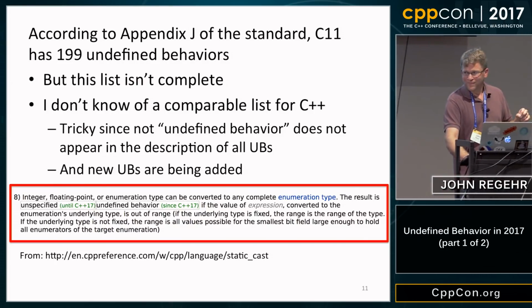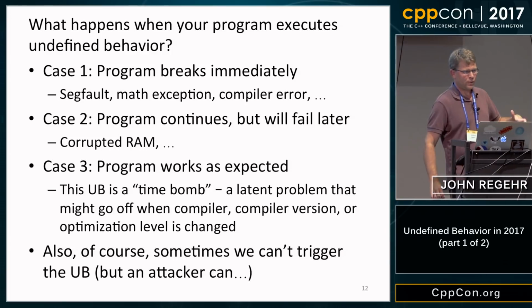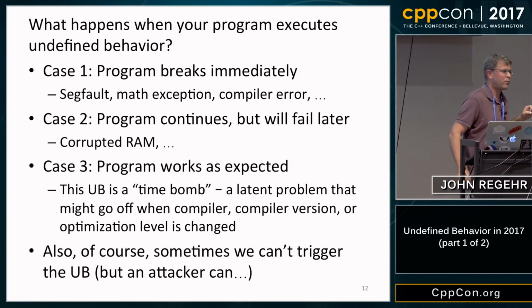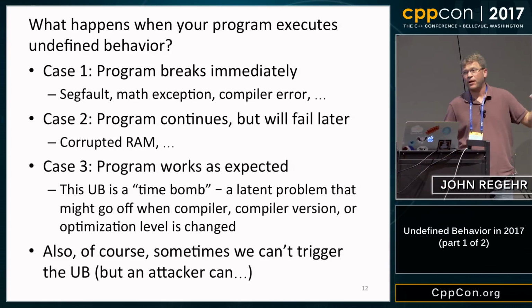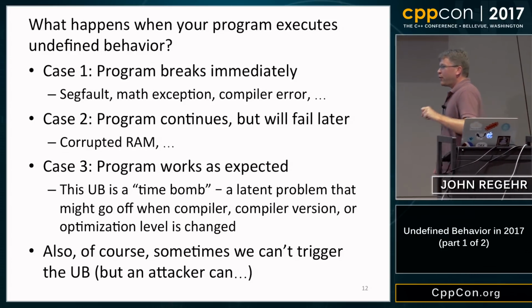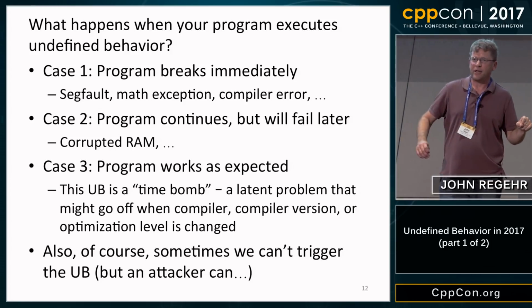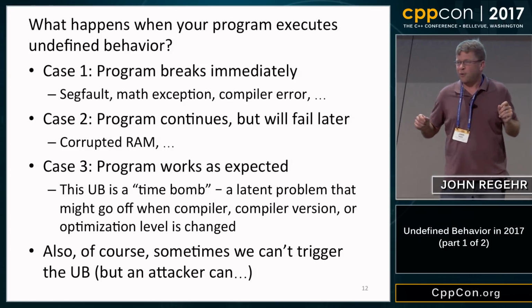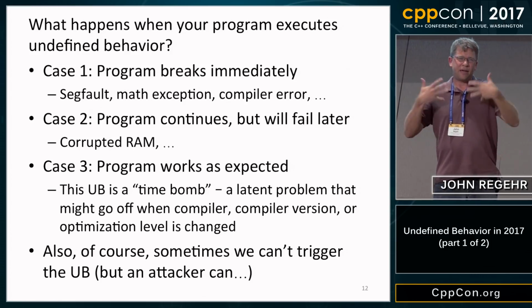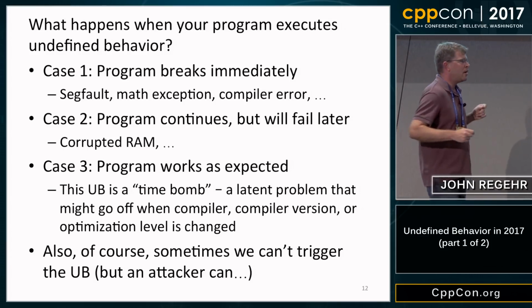So let's look at what happens. What are the things that happen when your program executes undefined behavior? Well, one thing that can happen, and this is very nice, is your program breaks immediately. It seg faults or whatever. Another thing that can happen is the program keeps going as if nothing happened, and maybe it keeps going in a good way, maybe in a bad way, and something goes wrong eventually.